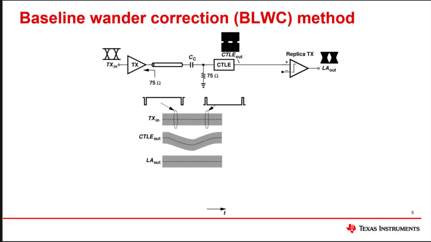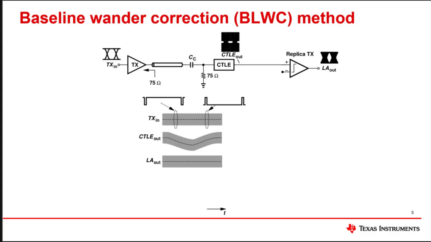See figure TX in the diagram for an example of this. Since the capacitor blocks the DC content, the voltage on the other side of the capacitor shifts down accordingly. See the figure labeled CTLE out in the diagram for an example. Now, if we quantize this signal by passing it through a limiting amplifier, we can get a replica of the transmitted waveform, labeled LA out.